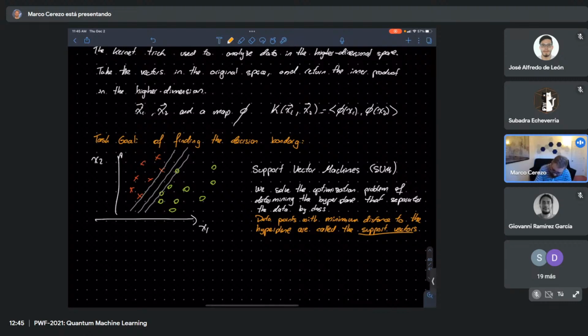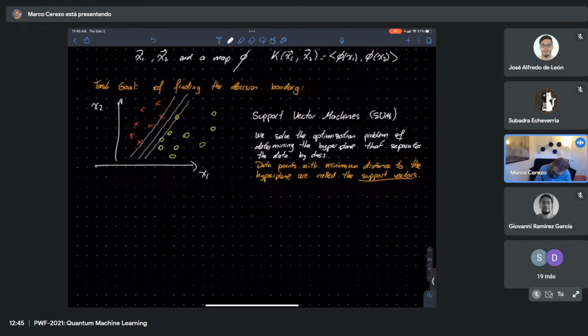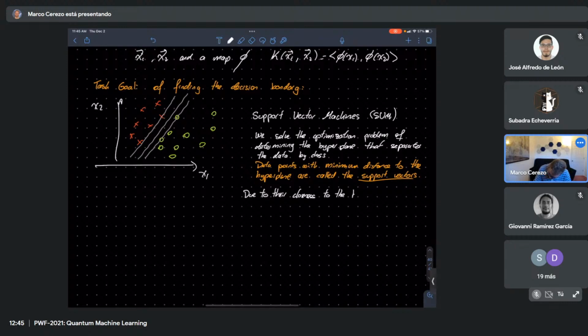And these are the ones that play the most important role because, due to their closeness to the boundary, their influence on the exact position of the hyperplane is larger, right?